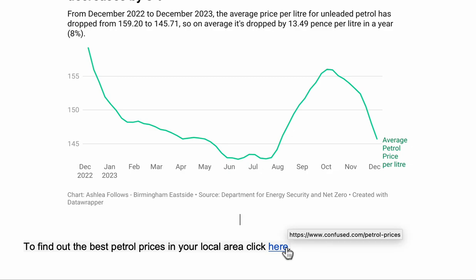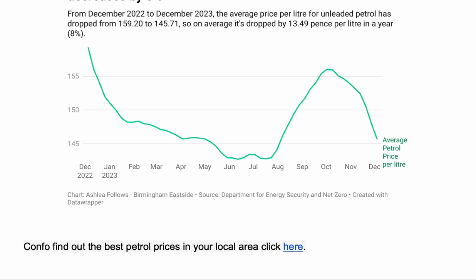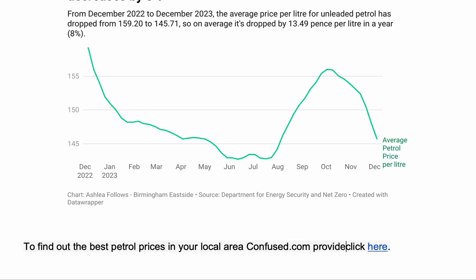We could specify where they're going to be taken. So instead of just "click here," we could say something like this, and we could change the link to that.